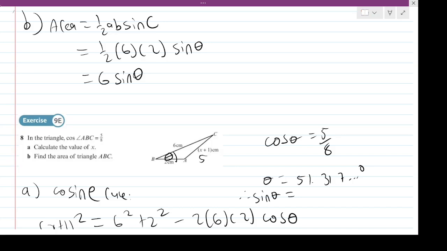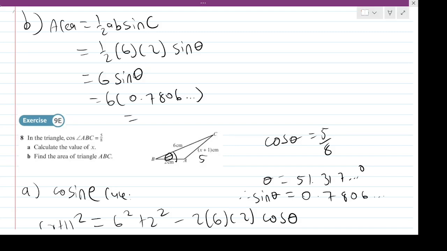That's what I'm saying. Anyway, if we do sine of that, sine of 51.317, I get 0.7806, and so on. So that's the value of sine theta. So it's going to be 6 lots of this 0.7806.